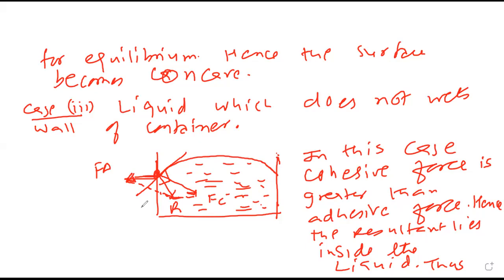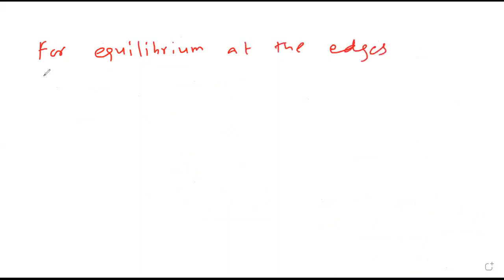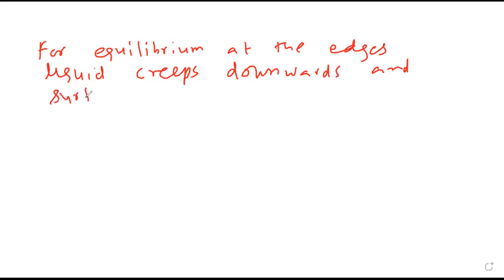Drawn and written till this. Okay. Thus, for equilibrium at the edges, liquid creeps downwards and surface becomes convex.